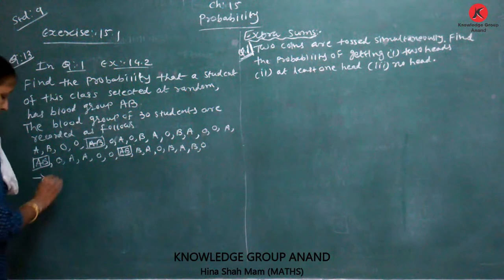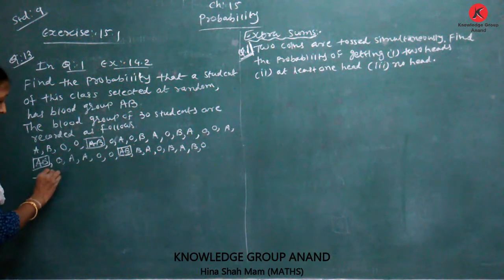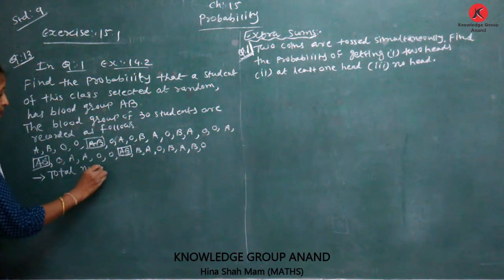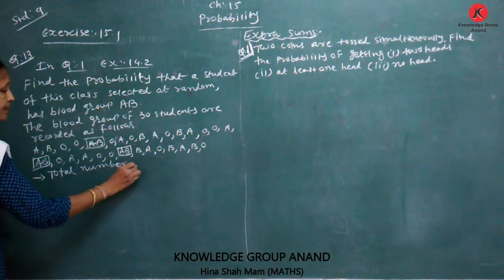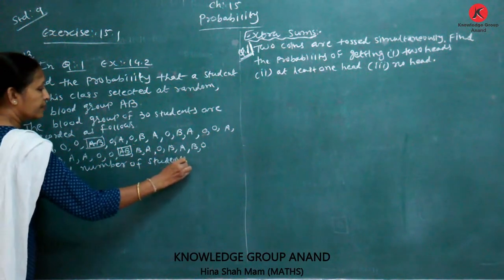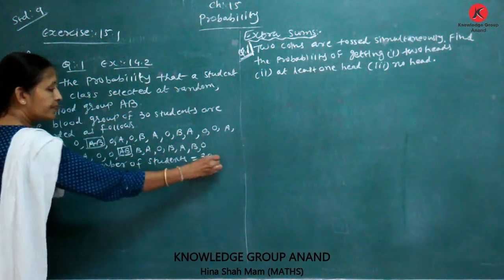Then we write: total number of students is equal to 30.